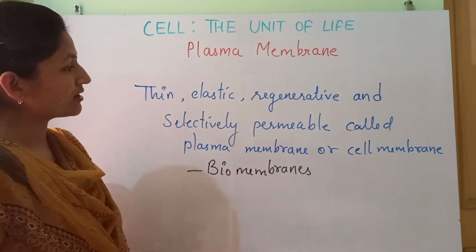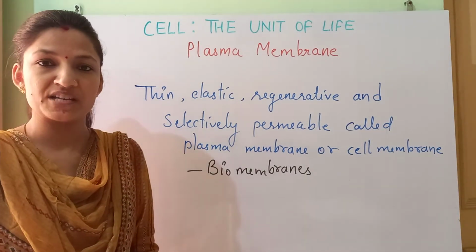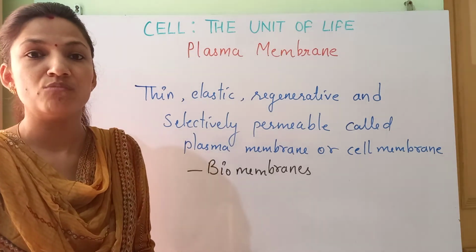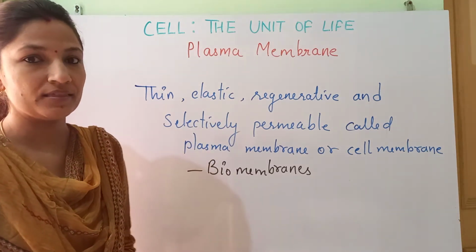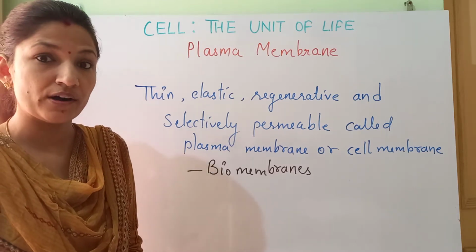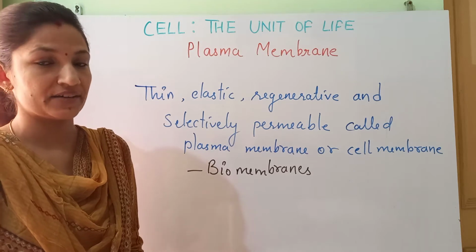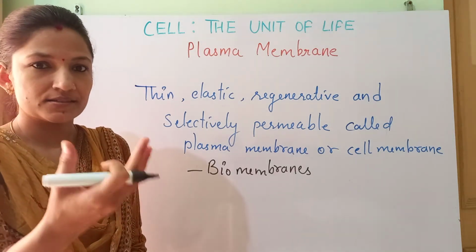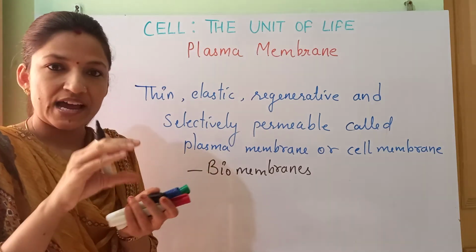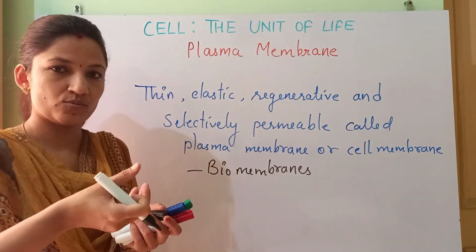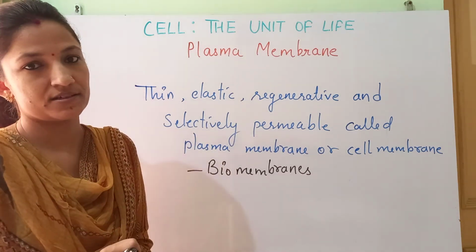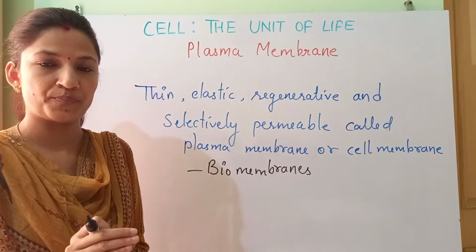Now, when we talk about the structure of the plasma membrane, different scientists proposed different models to explain it. There was a sandwich model proposed by Daniel and Davson. It states that two layers were there, and in between them the lipid layers are placed, the same as a sandwich.